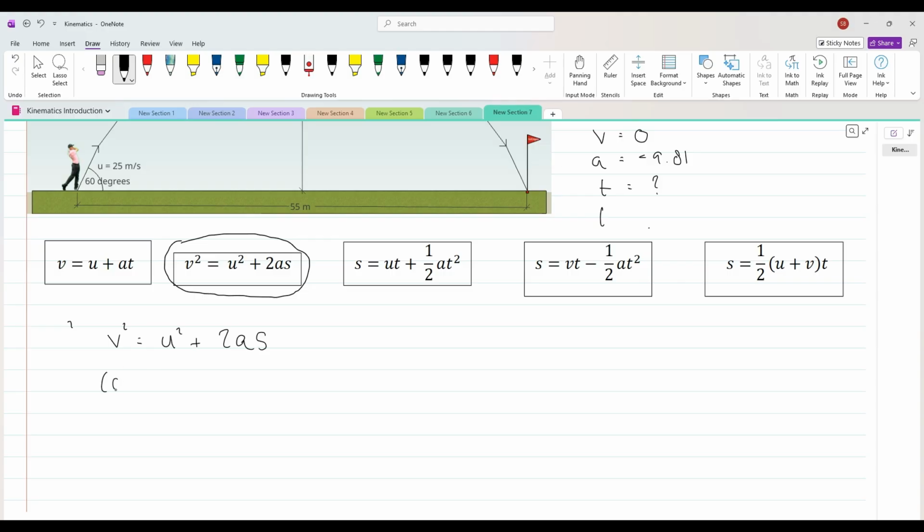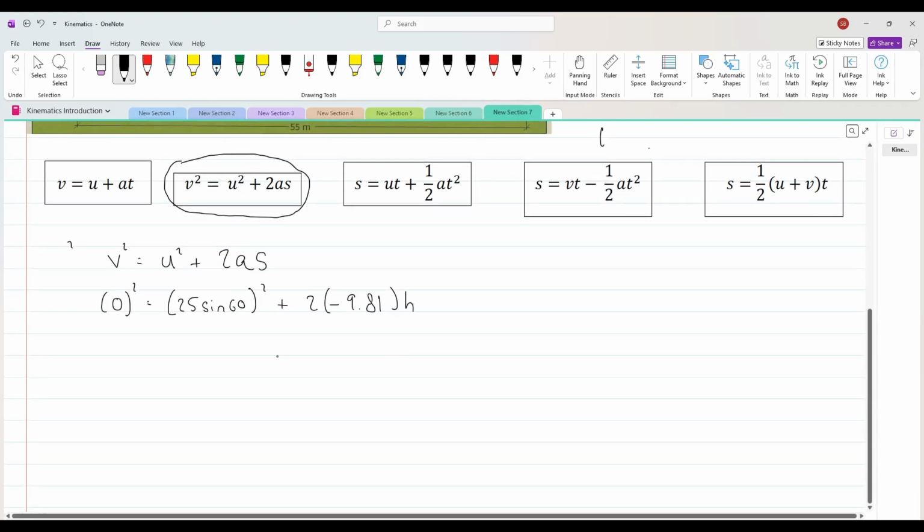So this is 0 squared equals 25 sine 60 all squared plus 2 times, it's negative because gravity is pulling it downwards, so negative 9.81, and we just replace the s with an h.